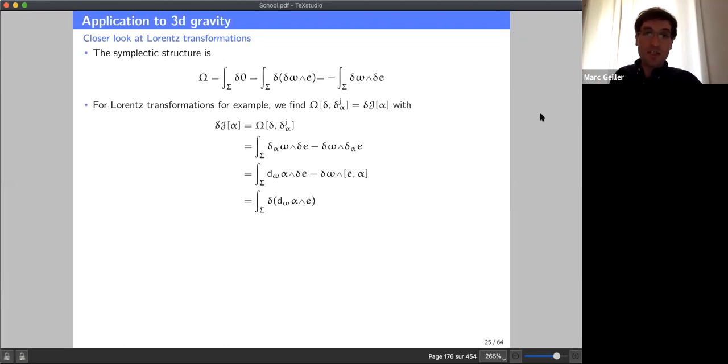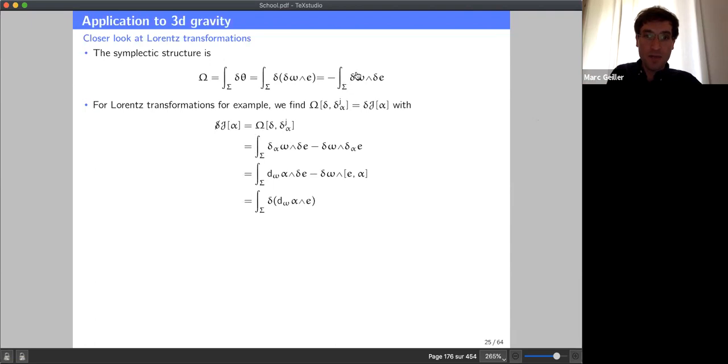So now that we have the symplectic structure, we can do what we mentioned yesterday. We can explicitly contract one of the variations of the symplectic structure with a gauge transformation. So take one of these arbitrary field variations to be a specific gauge transformation, namely a Lorentz transformation, and see what this gives us. This is explicit in the second equality.